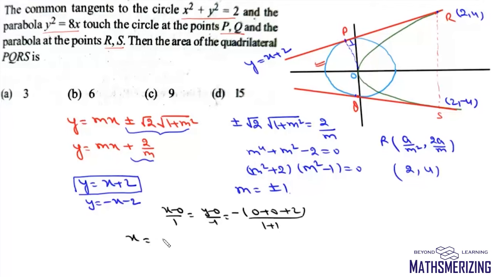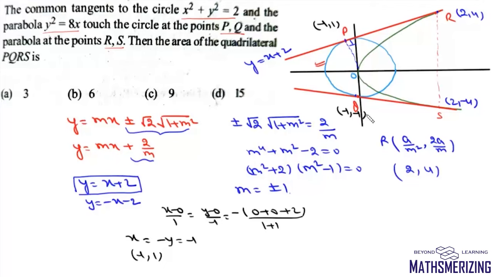So we'll get x equals minus y, and this is equal to minus 1. So the value of x is minus 1 and the value of y is simply plus 1. So this point P is minus 1 comma 1, and from symmetry we know that this point Q should be minus 1 comma minus 1.